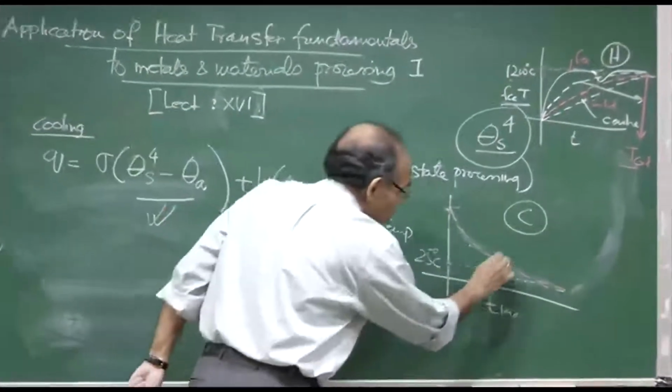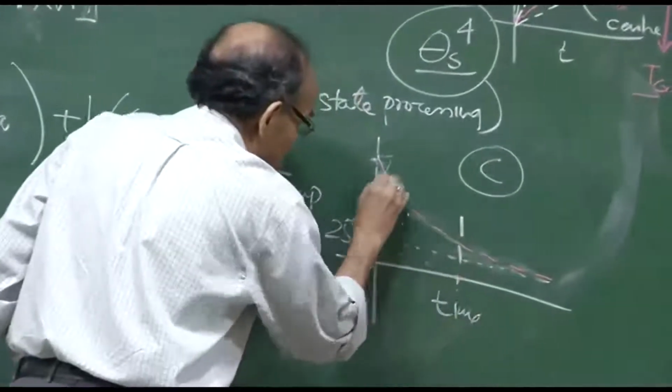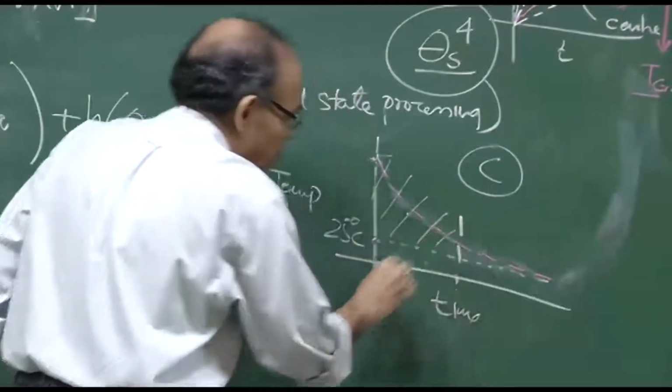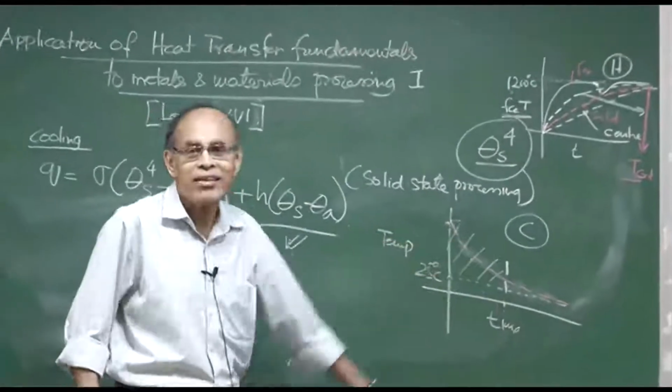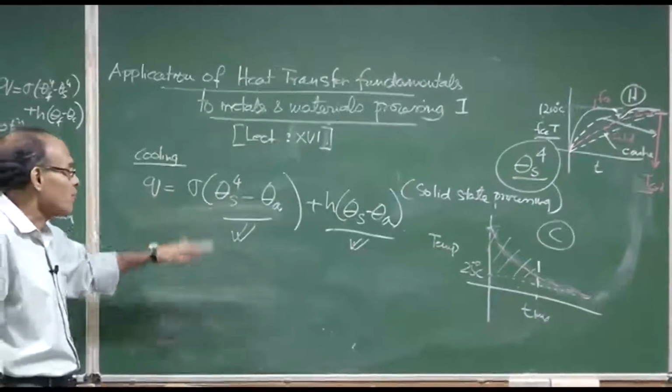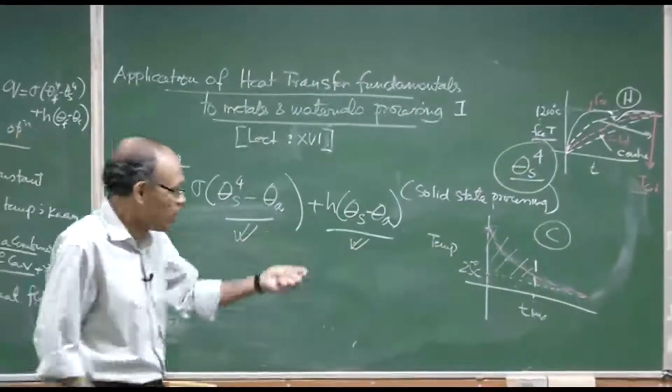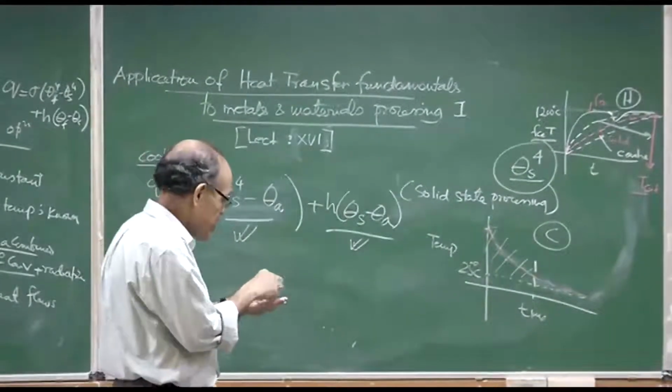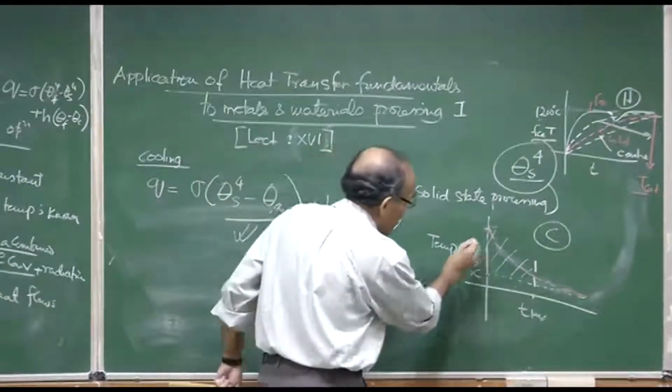But I would say, if you consider up to this particular time, the temperature is so high, 200, 300 degrees, that even the surface temperature will make the radiation contribution significantly high even in the cooling process. So, we can have different graphs here.